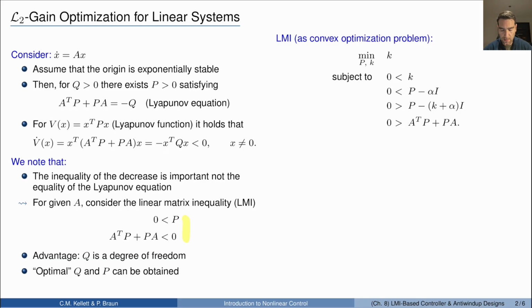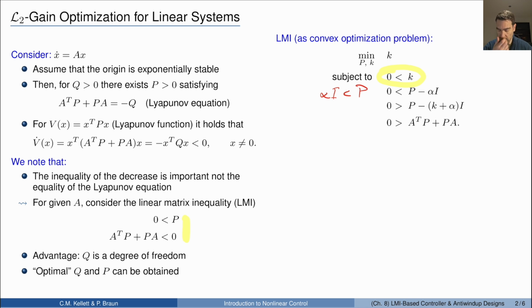So this is just one way one could implement that or rewrite that by saying, well, let's minimize a positive parameter k, so have an optimization problem in a parameter k and the unknown matrix P subject to certain inequality constraints. Meaning we want to have k positive. We also want the matrix P to be positive. That's encoded here in the second constraint because it can be rewritten as alpha times the identity matrix being less than P, and alpha is a parameter which we can select and keep as a constant.